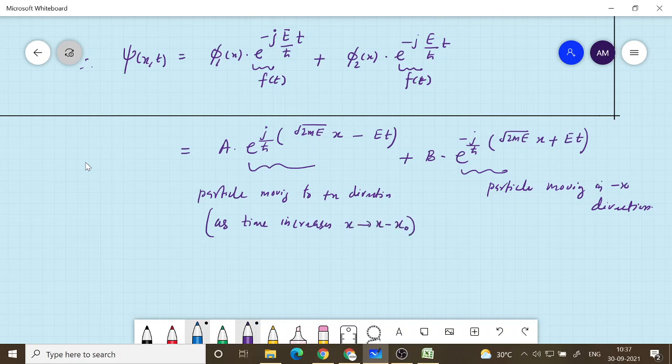That is shifting right, so the particle is moving to the right. Whereas here, as time increases, x is shifted to x plus x0, so that is moving left. So this is the first problem. Let me stop here and we will continue after 5 minutes.